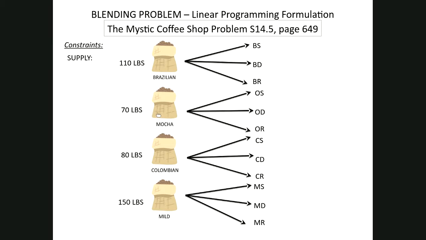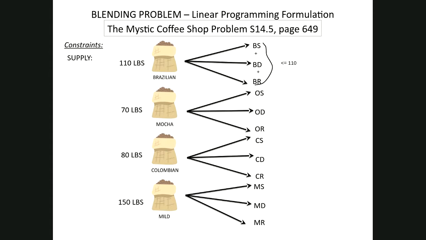And of course, we knew that the sum of the amount of Brazilian that went into the special, dark, and the regular all had to be less than or equal to, in this case, 110 pounds, and so forth for every one of our constraints. So we had four of those constraints.